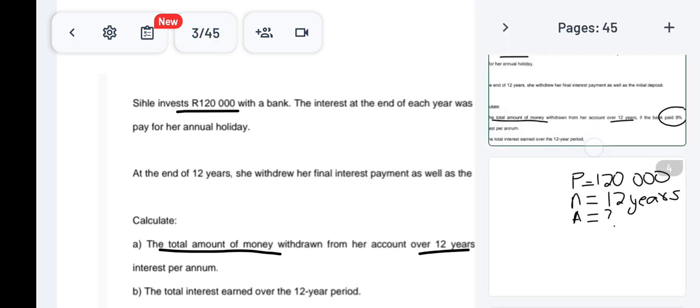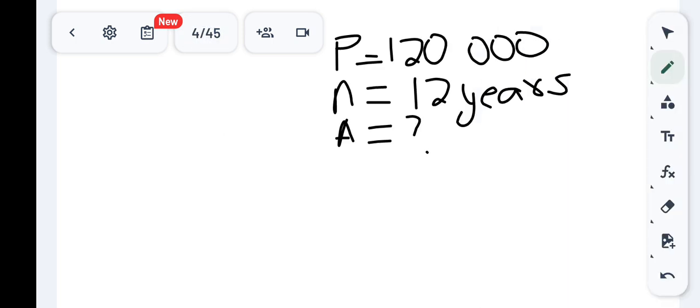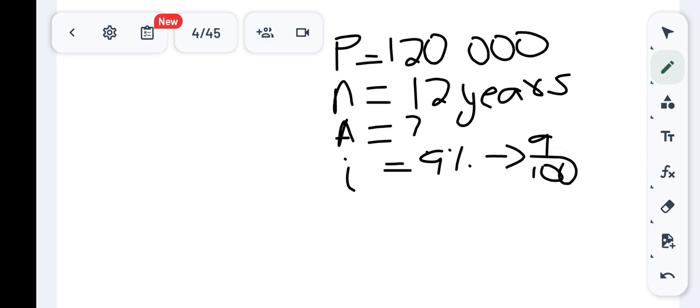So we have the interest rate of 9% that we need to convert by saying 9 divided by 100, and 9 divided by 100 is 0.09.